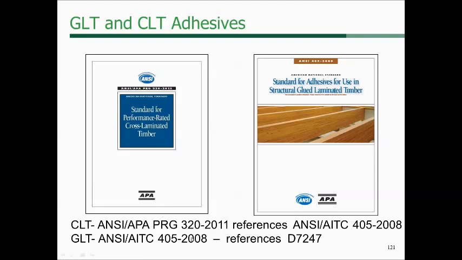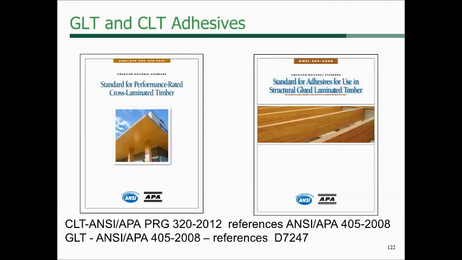And I mentioned that the PRG 320 2011 is the reference manufacturing standard in the 2015 IBC. There is a 2012 version that is available from APA. This is not specifically referenced, but there were no major changes from the 2011 to the 2012. It was mostly editorial changes.